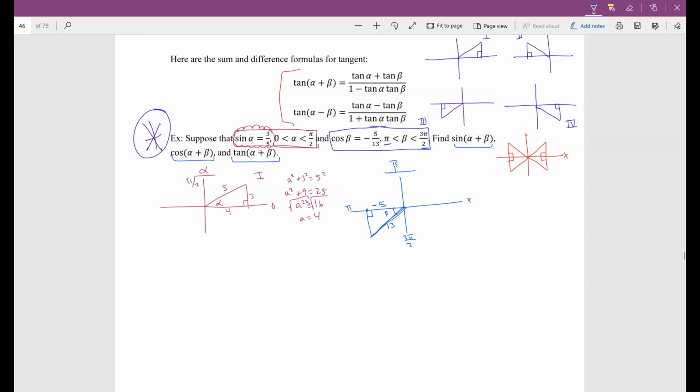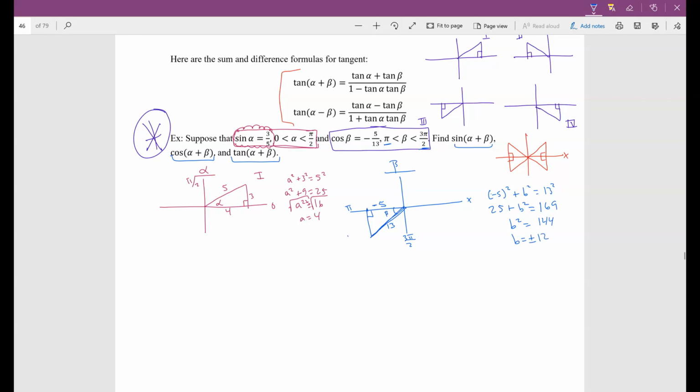So what would the other one be? So it would be just a squared, which is going to be -5 squared, plus b squared equals 13 squared. Get 25 plus b squared equals 169. I'm going to subtract the 25 over. So I'm going to have 169 minus 25. That's going to give me 144. Take the square root of both sides. B equals plus or minus 12. Now, which one should it be? Should it be positive or should it be negative?